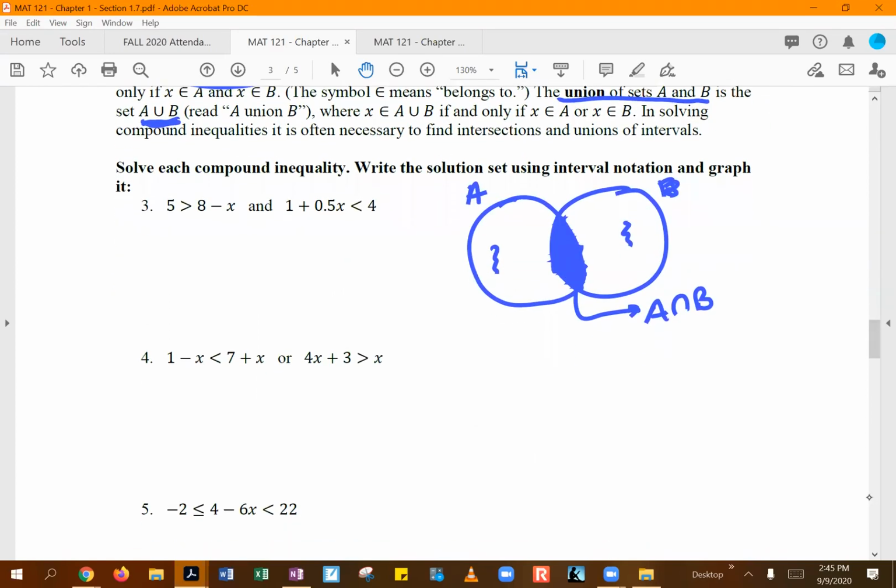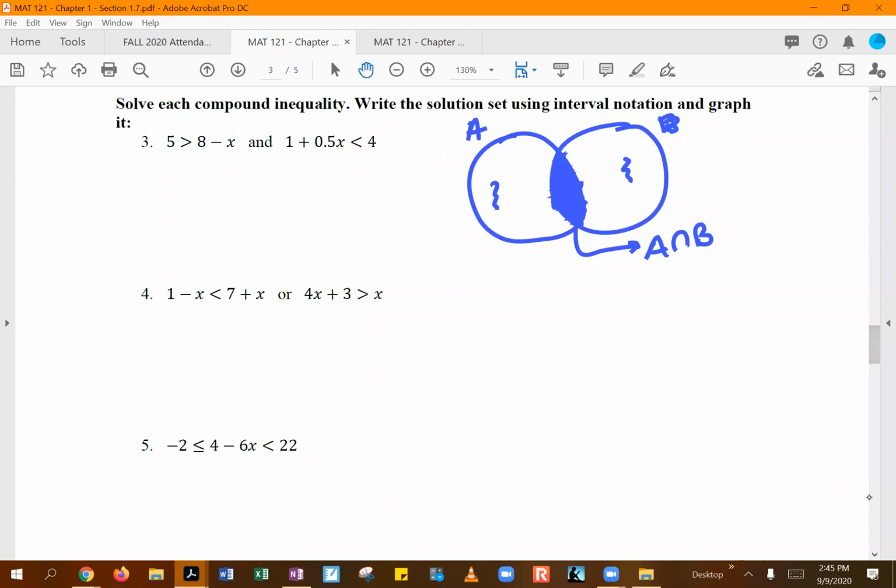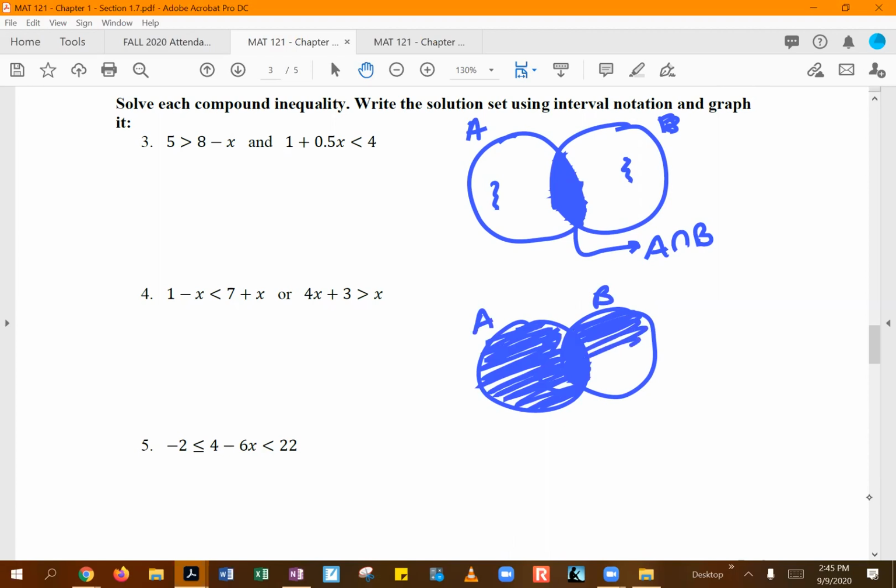Now, when we're talking about union, union basically means you take everything that's common and then you also take everything that is not common and put it all together. So with the union, we would definitely take what's in the common area, but we would also take everything on the outside in set A and everything on the outside in set B, which was not common, and together all of this makes our union.